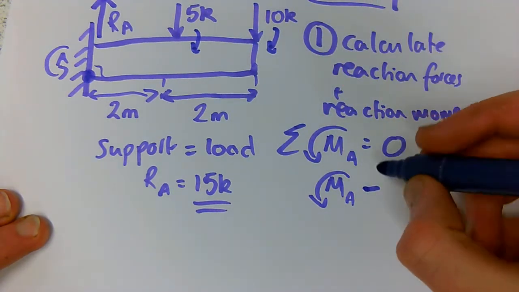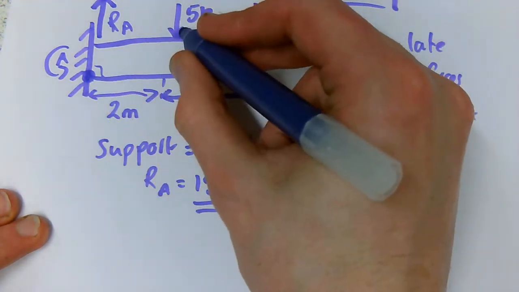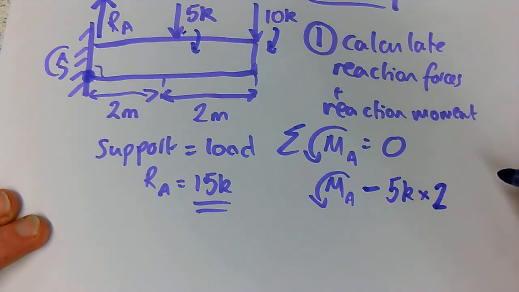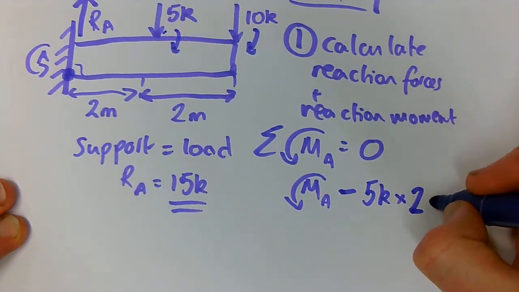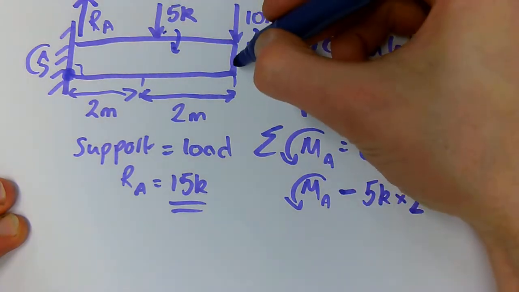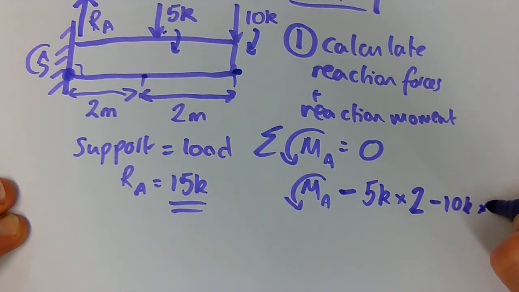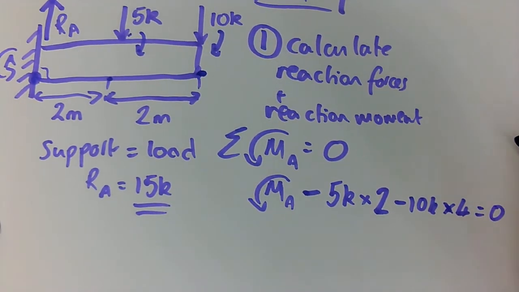So I've got minus 5k times its distance, which is 2 meters, minus 10k times the distance here, which is 2 plus 2, so 4 meters away. And we know the sum of that is equal to 0.